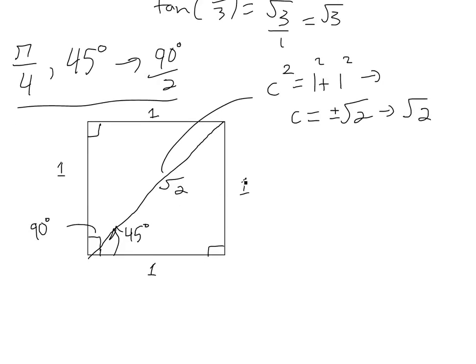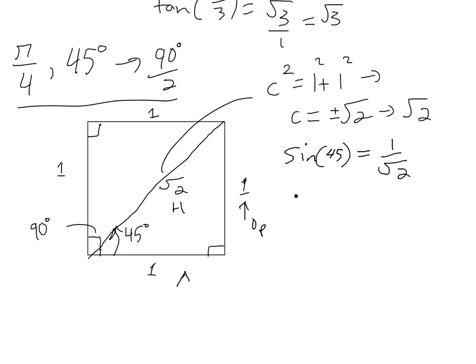So now for sine of 45 degrees, or pi over 4, this is a reference angle. This is opposite, this is adjacent, and that's hypotenuse. So this would be 1 over root 2.